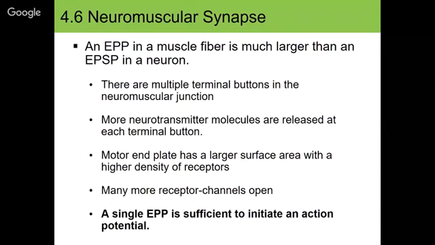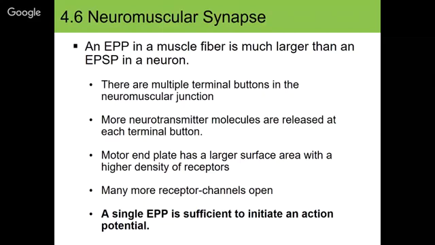Okay, the magnitude of these EPPs is normally sufficient to cause an action potential in the muscle cell. Okay, so therefore, basically, one action potential in a neuron triggers one action potential in a muscle cell that it innervates. Okay. Just wanted to highlight that.